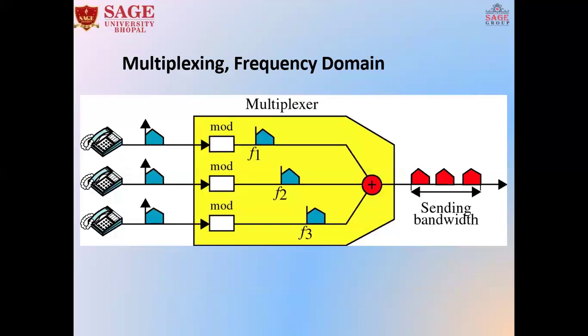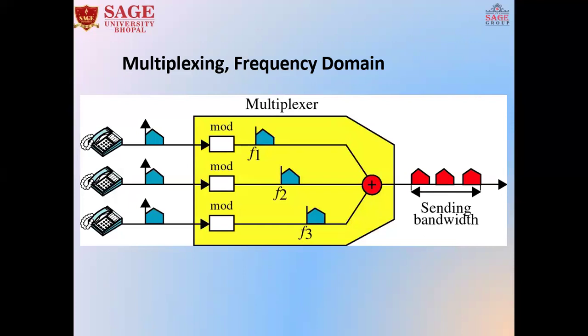Here is multiplexing in the frequency domain. If we want to send 3 subscribers' data, the first subscriber's data is F1, the second is F2, and the third one is F3, and the 3 subscribers' data will be combined.